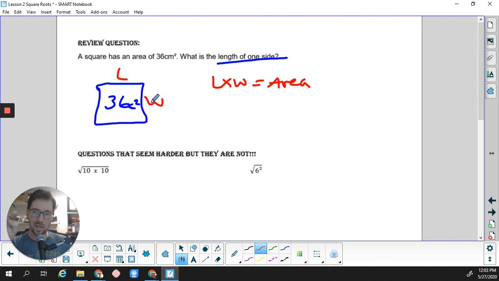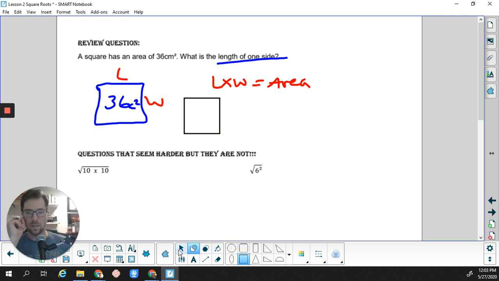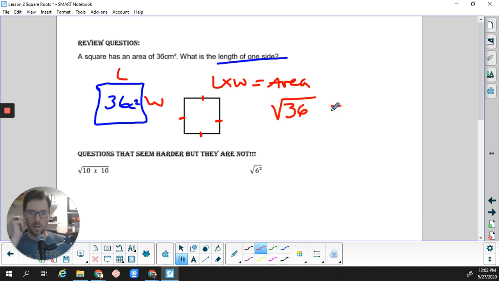Not necessarily my square because I drew it poorly, but a square maybe that looks like this. What do we know about the sides of that square? We know that they're the same. Okay, this and this and this and this are all the same. So it's got to be something times itself that gives us this. So we could go square root of 36, and that's going to give us 6.